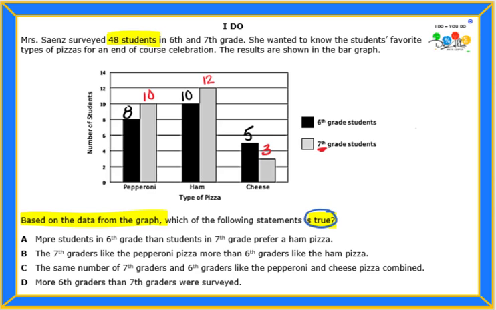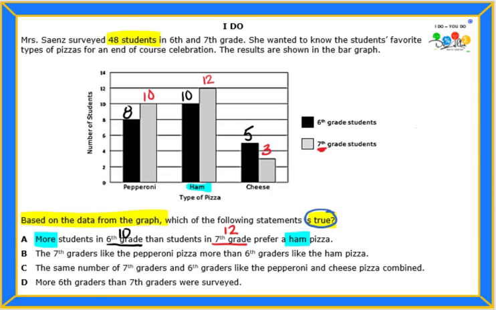Okay, so our first statement says, more students in 6th grade than students in 7th grade prefer a ham pizza. So for this one we're looking at ham. 6th grade for ham is 10, and 7th grade for ham is 12.